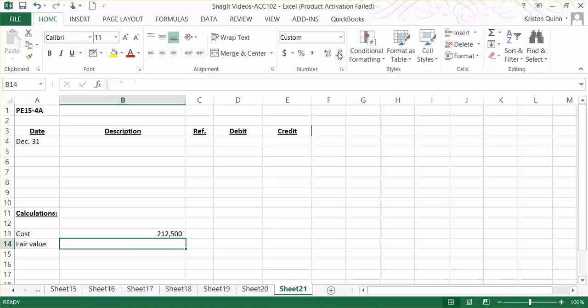The fair value, meaning what we could sell all of those investments for as of December 31st, 2014, was $203,600. Remember, we're not actually selling these investments. We're just comparing it to the value that we could have received had we sold them.